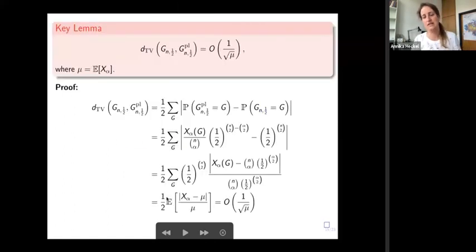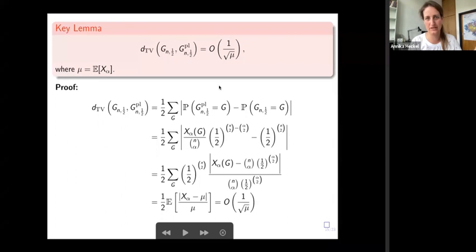So this is exactly the expectation of the absolute value of X_alpha minus mu, divided by mu. And now we know that X_alpha is Poisson, so it varies by something of order root mu about its expectation. So this is of order root mu, and dividing it by mu gives something of order 1/root mu. Although you don't need the Poisson distribution for this, you just need an upper bound on the variance of X_alpha, which you can also get easily. Okay, so this is how you prove this key lemma.